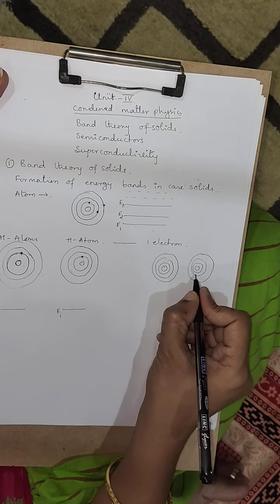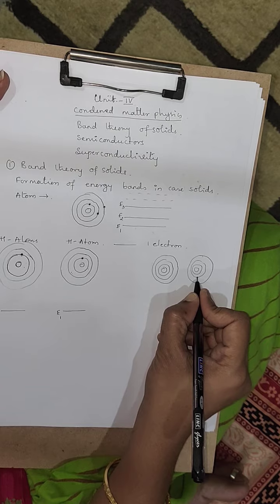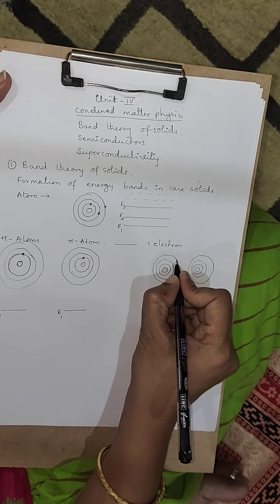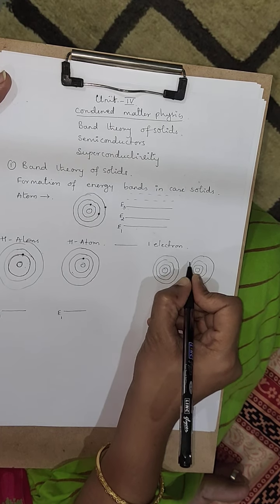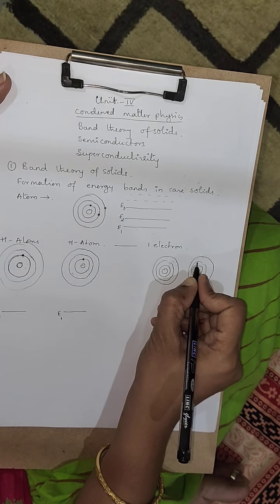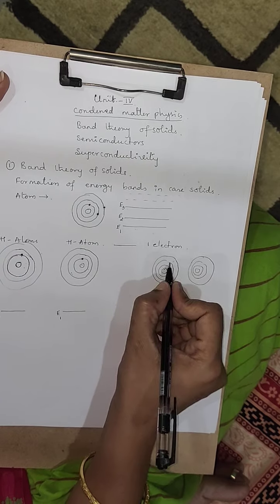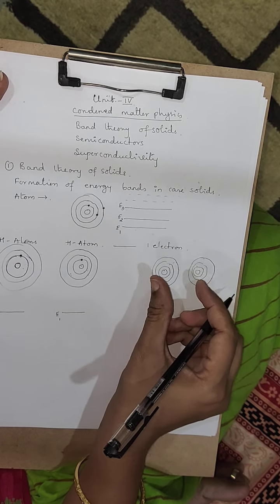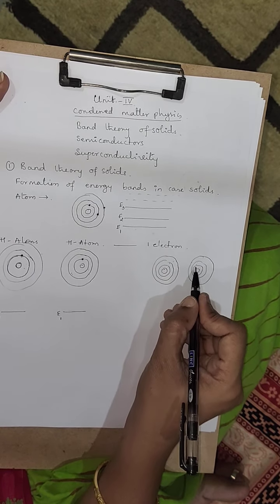Now when these are brought closer and closer, initially the electrons in the outermost orbits of both atoms will interact first. If the distance is reduced still further, the inner electrons are going to interact.